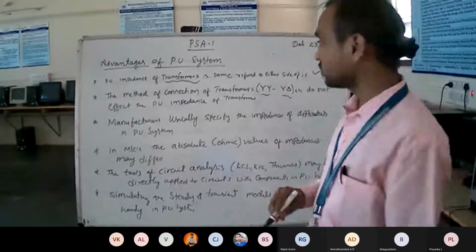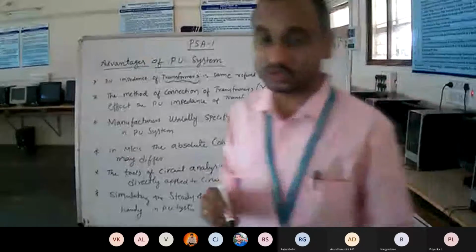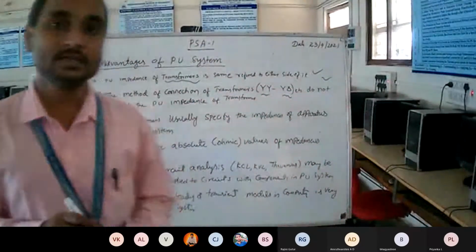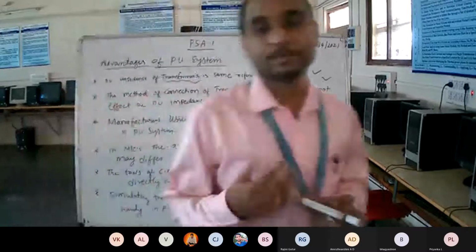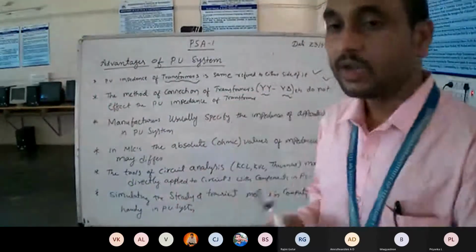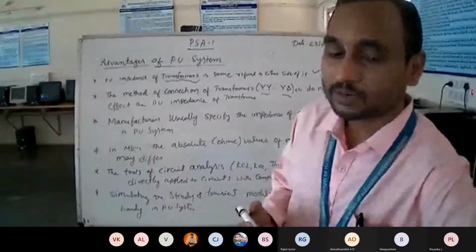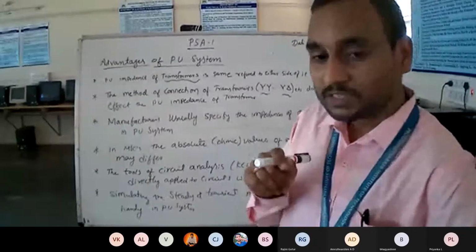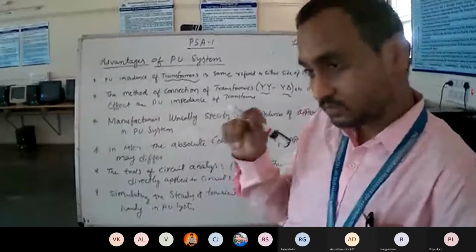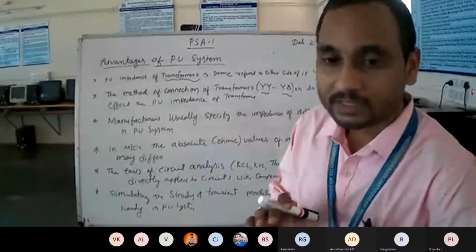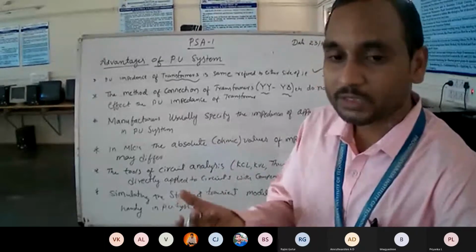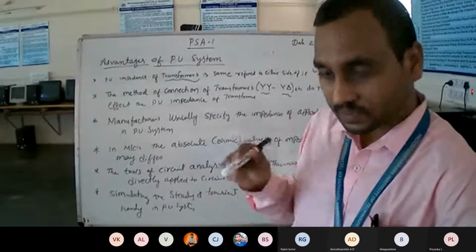And the third one is that manufacturers usually specify the impedances in per unit values, in the nameplate details of the machines, whether a motor, a transformer or a generator. The impedances are specified in the per unit system by the manufacturer, so we can directly take them.